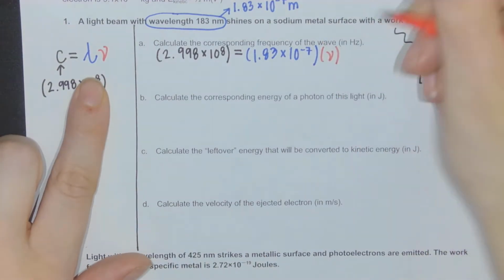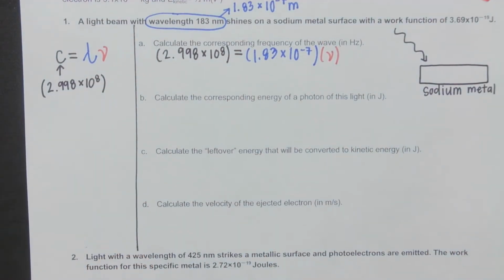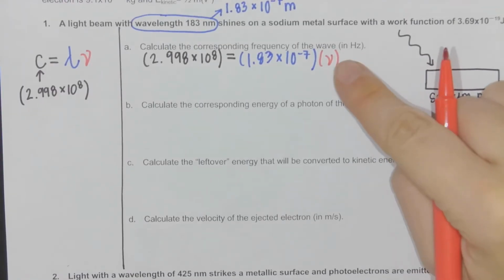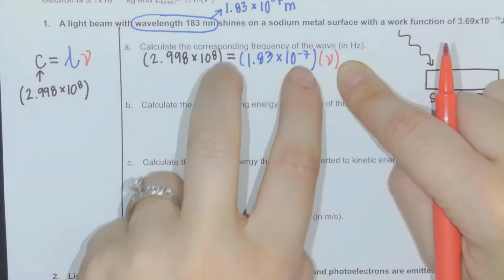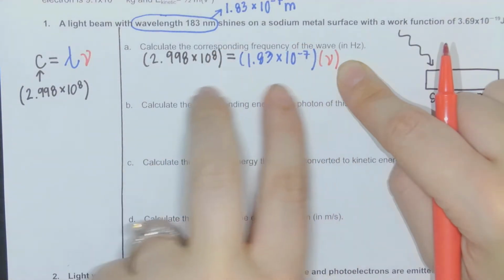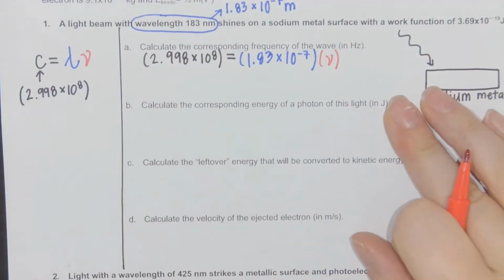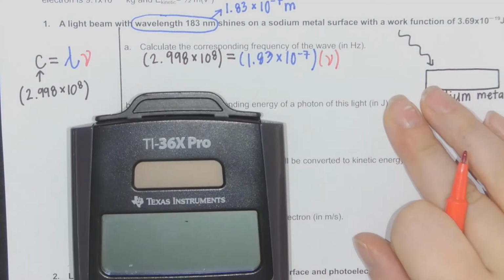We don't know what that is yet, so I'm going to use that variable. To get frequency all by itself, I'm going to divide the 1.83 across so that I'll have, let me use the calculators that we have in class.